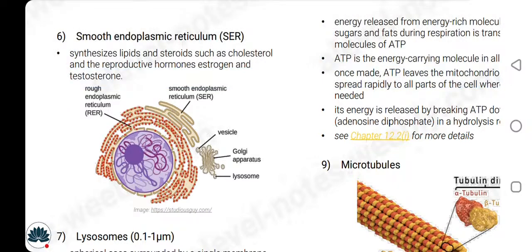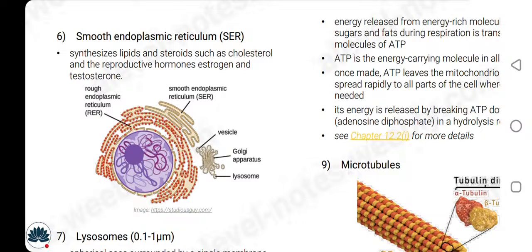All right, so we were on the smooth endoplasmic reticulum. It synthesizes lipid. The smooth endoplasmic reticulum has a smooth appearance because it lacks ribosomes. It has a completely different function to rough endoplasmic reticulum.